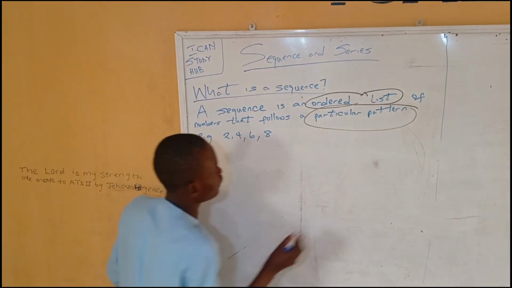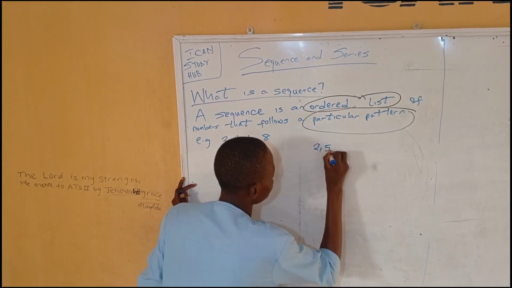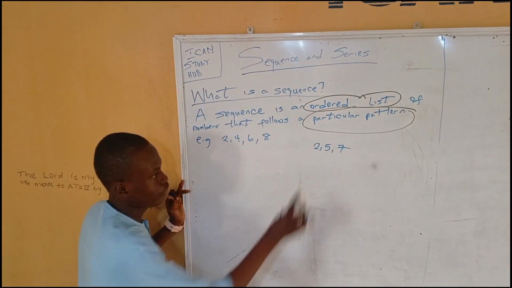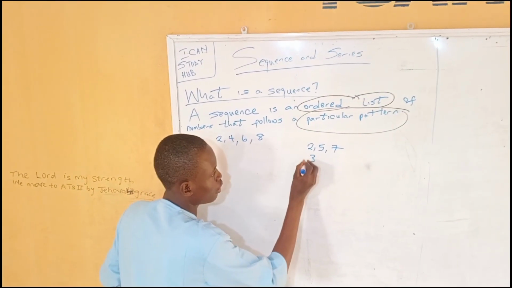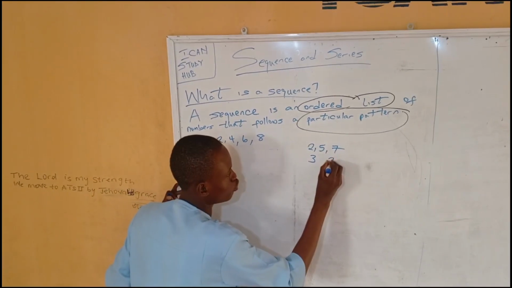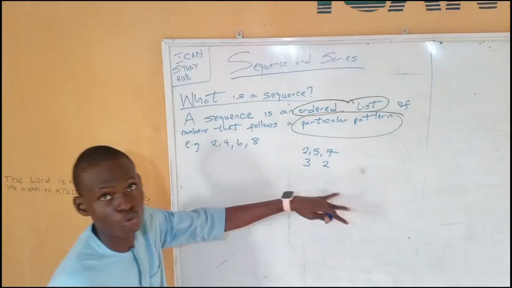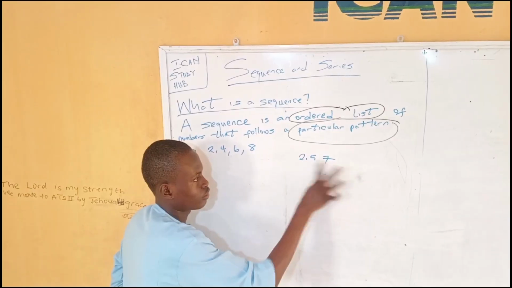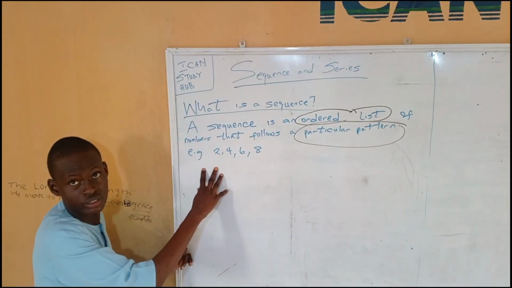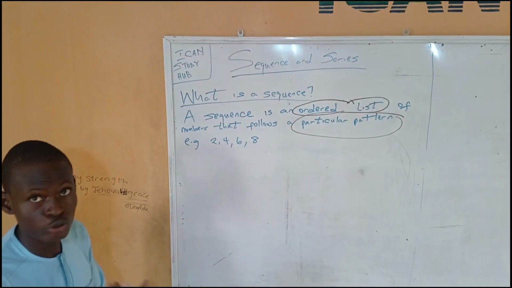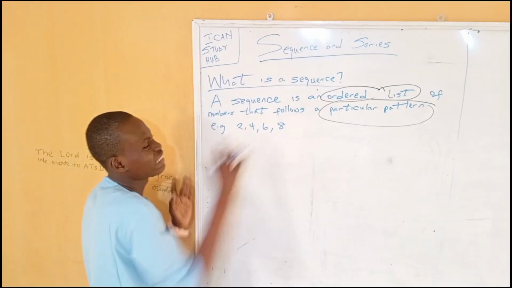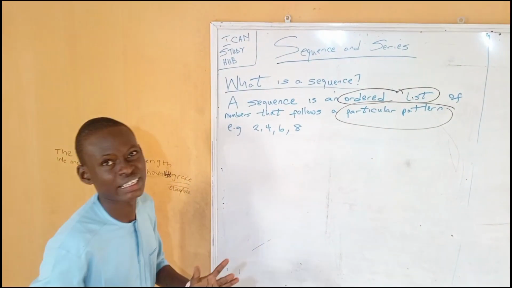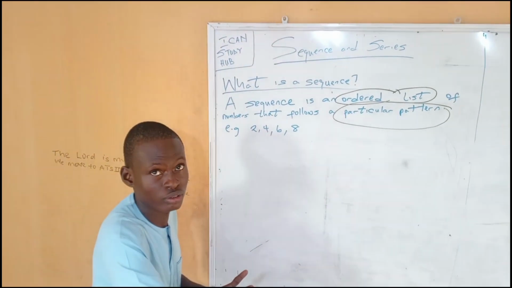But if you look at this, 2, 5, and 7, the difference between 5 and 2 is 3, and the difference between 7 and 5 is 2, which shows it doesn't have a consistent pattern. This is not a sequence, but the first one is a sequence. So, one thing you should know is that a sequence is an ordered list that follows a particular pattern.